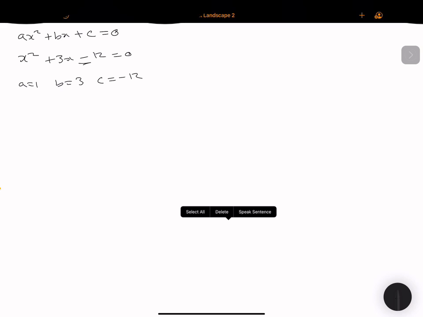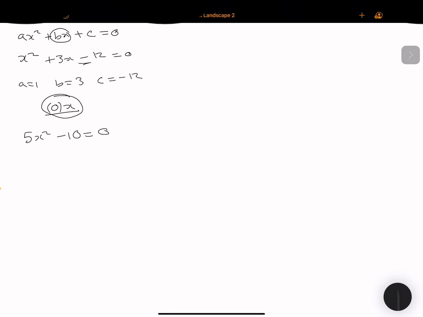So therefore that value there doesn't exist, because 0 times x will always equal 0, because 0 times anything is 0. Okay, so 5x squared minus 10 equals 0.